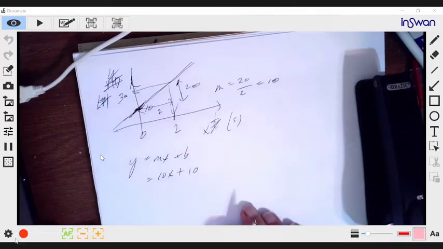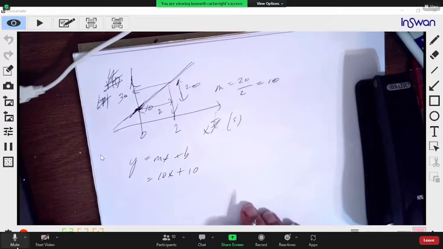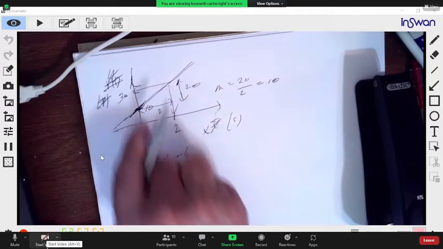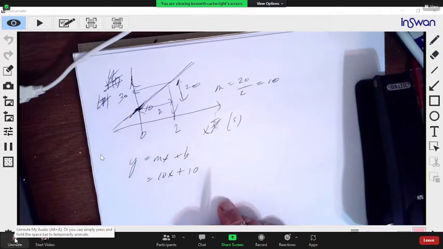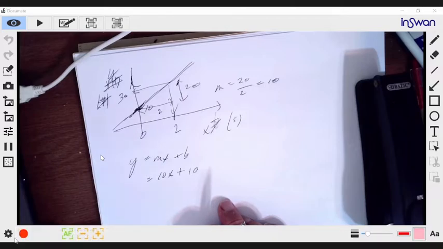You don't rise from 0 to 30. You rise from 10 to 30, because that's when the graph starts. It starts at 10.